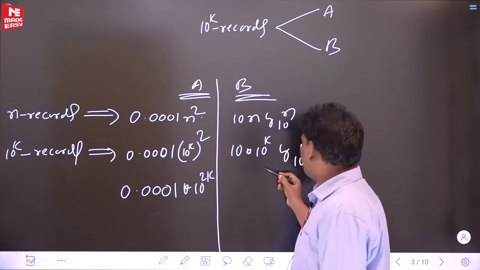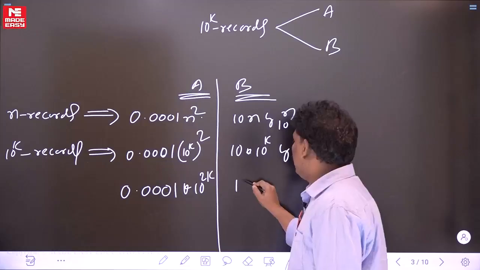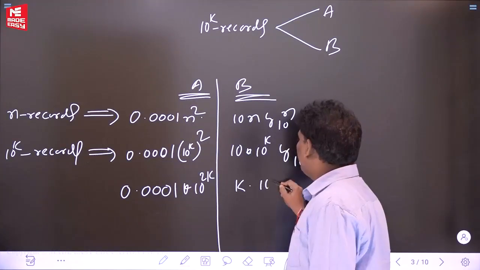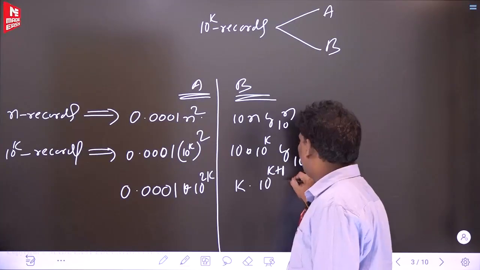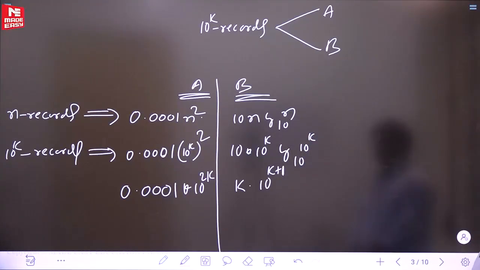Right? What about this one? I think this k will come here. It will go to k into log 10 base 10, which is 1. I think it will become 10 power k plus 1. Right? Fine. Until now it's fine.